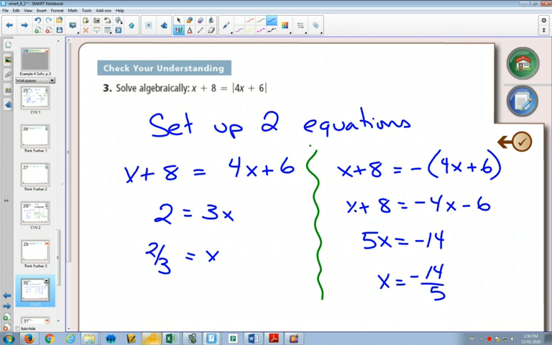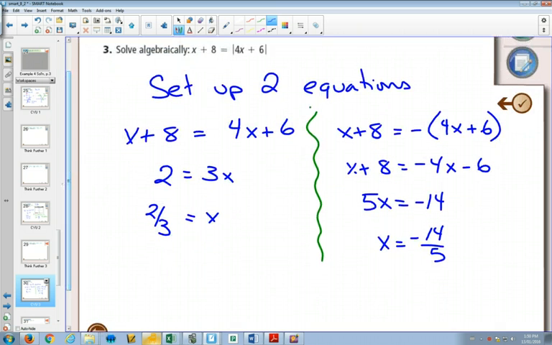Then another thing you're going to have to do with your solutions is sometimes absolute value equations can have extraneous roots. So we're going to do that left side and right side verification again. So we're going to verify the 2/3.